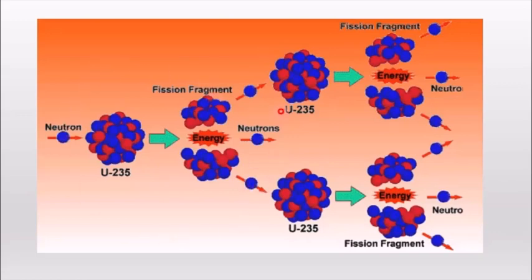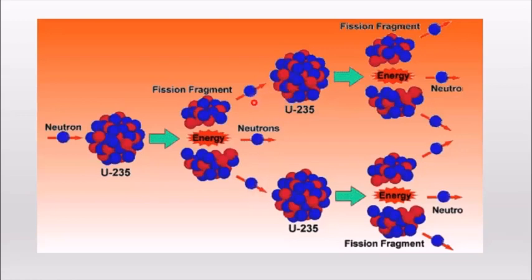Why is it called fission? Because we are breaking the nucleus. Then we get three neutrons. These three neutrons will again bombard other uranium atoms. There are many uranium atoms there. One neutron is absorbed by one atom, and as it breaks, again three neutrons are released.